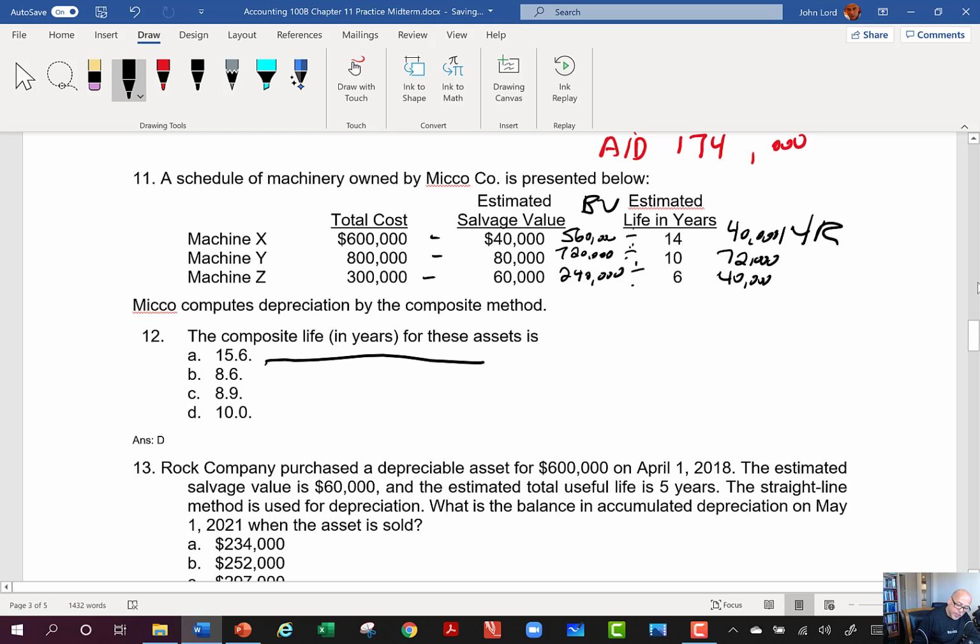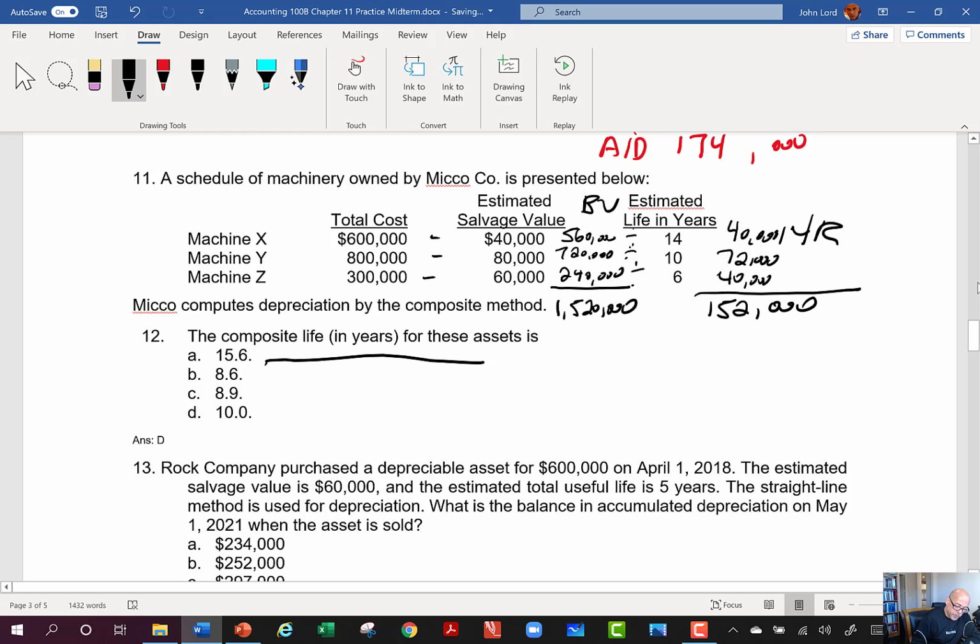So for this composite group, I'm taking depreciation expense of 152,000 a year on a depreciable base, which is the cost minus the estimated salvage value, of 1,520,000.